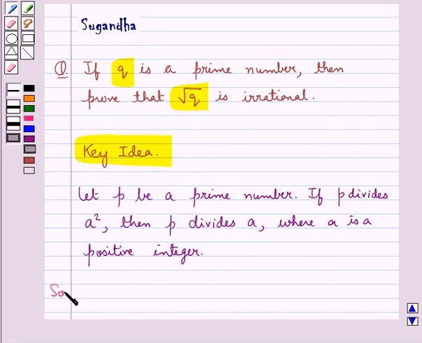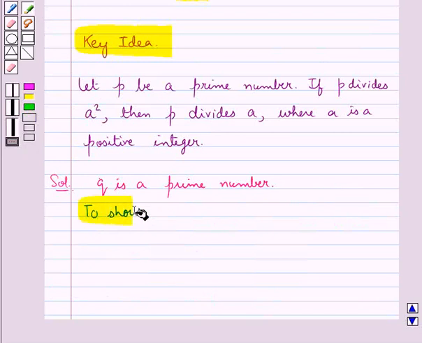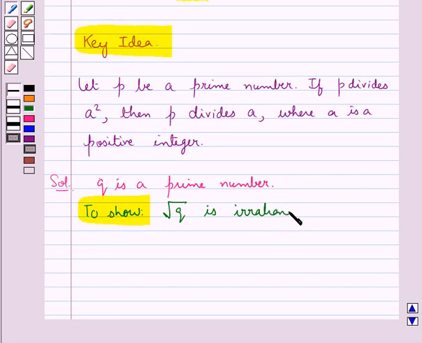Now we move on to the solution. We are given that q is a prime number, we need to show that square root q is irrational.